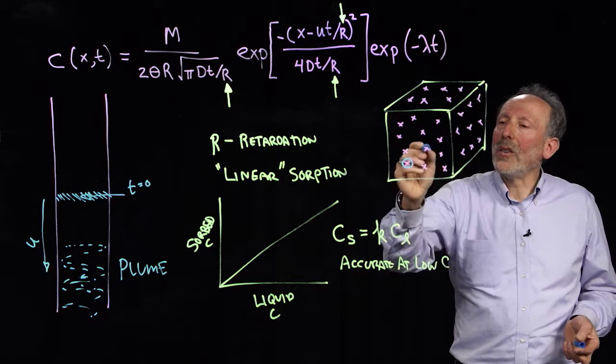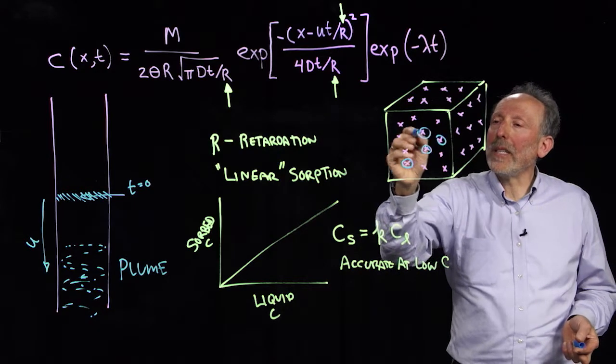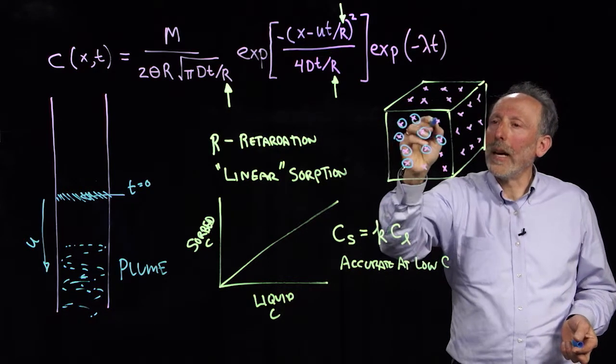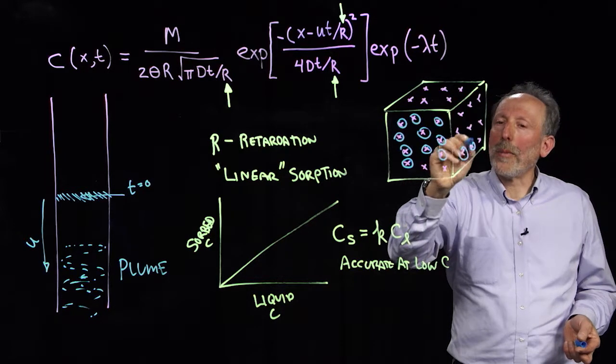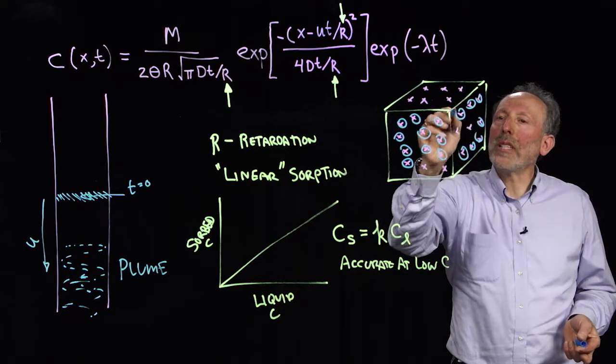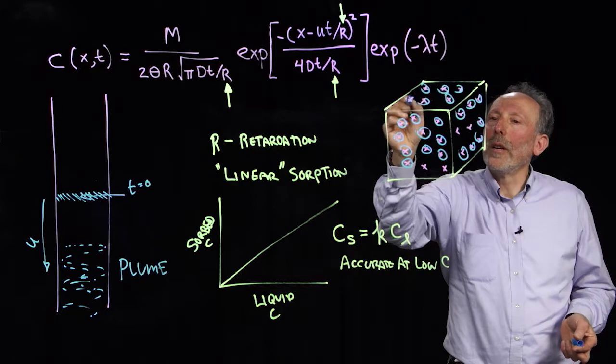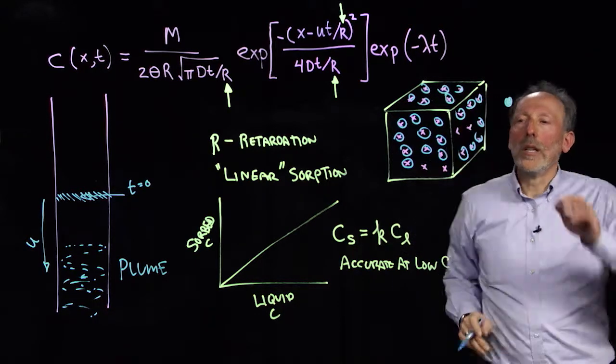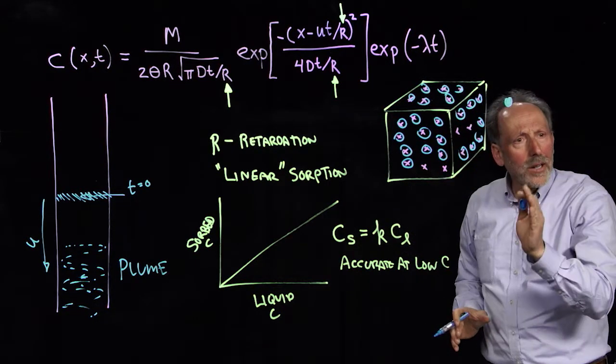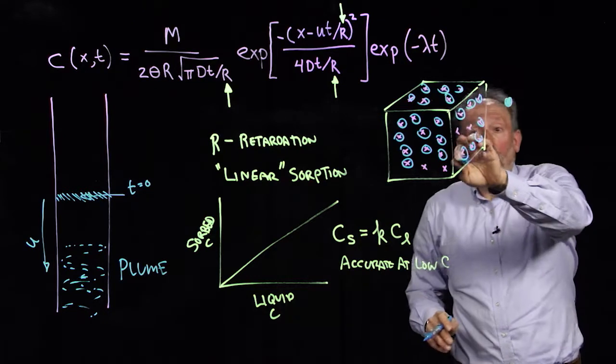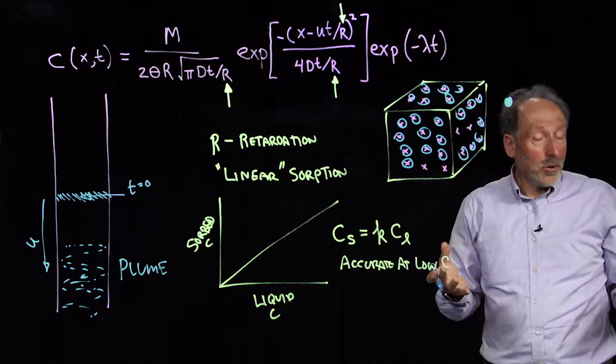On the other hand, if we had many, many, many of these sites occupied with sorbed compounds, then we'd say, what is the probability that another solute would have a place to bind? And it becomes very low. So when all of these are filled up, then you would have no sorption.